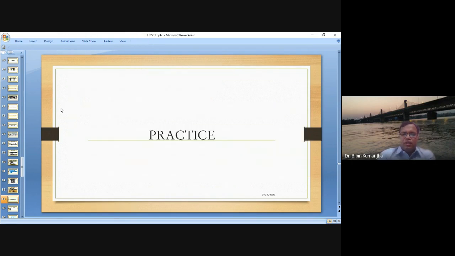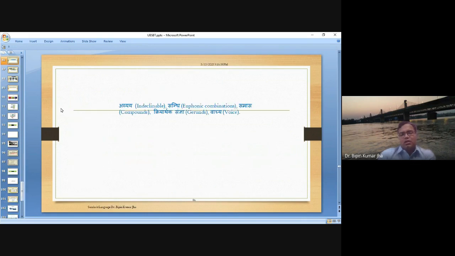And when you are moving to see another thing, like I have mentioned nama, akhyata, then upasarga and nipata. Upasarga, that is prefixes, like pra, para, ut, sam, just change the meaning of that particular word. For example, if you are using the verbal root hri, harati means taking away or just kidnapping.